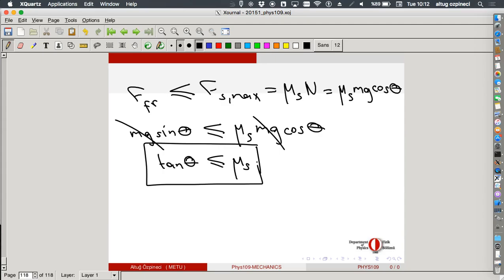So the coefficient of static friction between these two objects and these two objects are different. And there are tables showing you the values of these parameters. Other questions?